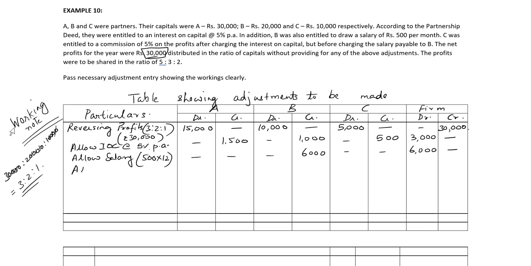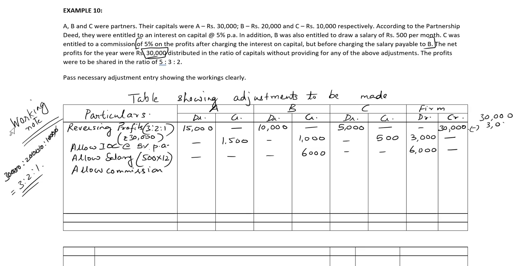Next step is to allow commission. As far as the commission is concerned, it says C is entitled to a commission of 5% on the profits after the interest on capital but before charging the salary payable to B. So the profits is 30,000. We'll deduct the interest on capital, but we will not deduct the salary.